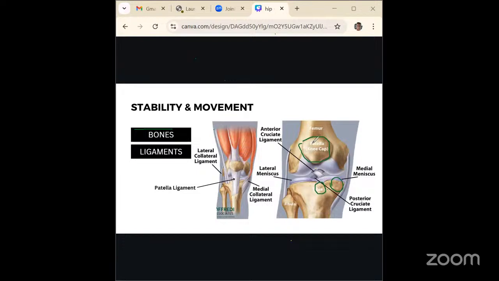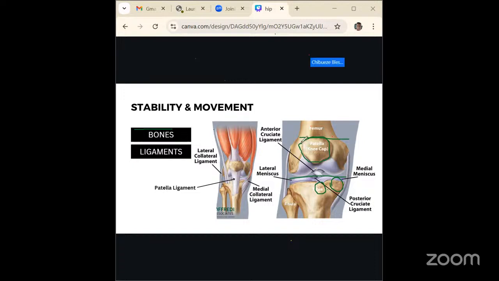This femur is joining to the patella. That is the first connection I'm talking about. Then the second connection is this same femur is joining with the tibia. That's the second connection we're talking about. As simple as that. These are the connections that make up the knee joint. 3, not 2.